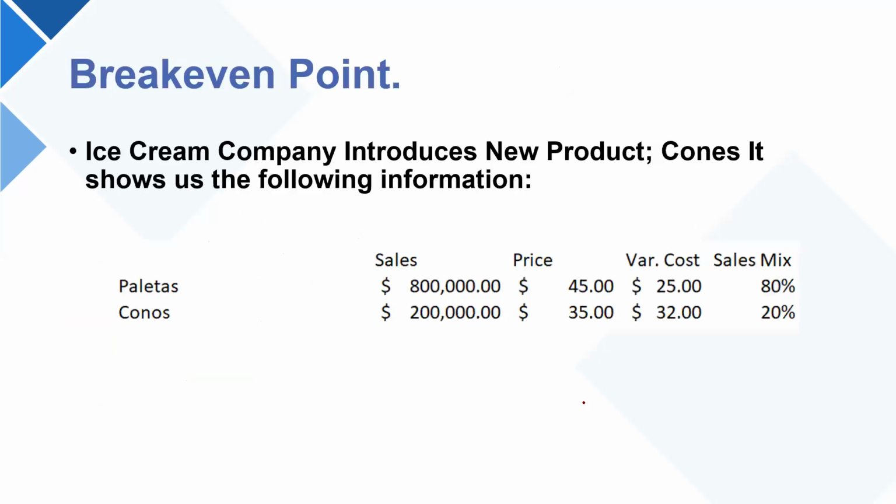So let's see an example, because I think with an example it's going to be clearer. In my ice cream business, I sell popsicles and cones. That is paletas y cones, all right? So I have my sales, I have my price, I have my variable cost, and I have my sales mix. From where do I get the sales mix? Any ideas?